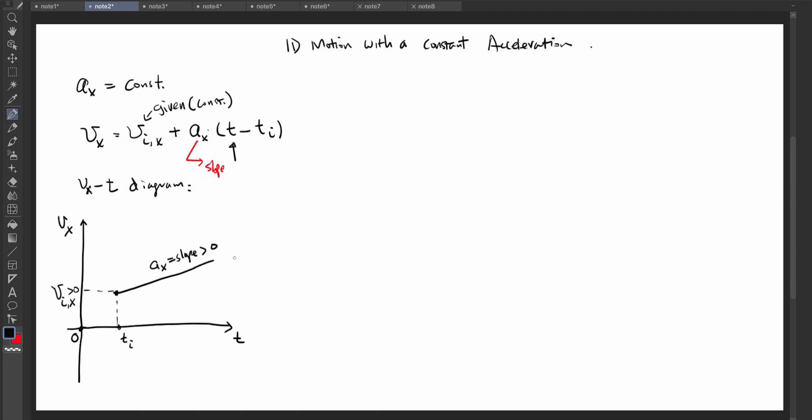So we have a line going up to the right. But we can also have some kind of negative slope that will go this way, and the initial velocity can also be negative, right? So let's say the object started with a negative velocity going to the negative x-axis, then we should start with a point here, right? So let me draw all those kinds of situations to illustrate the kind of picture we can get for vx versus t.